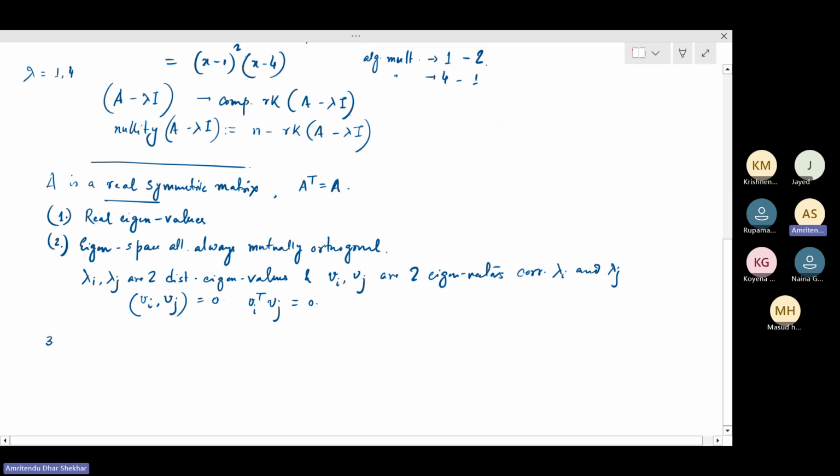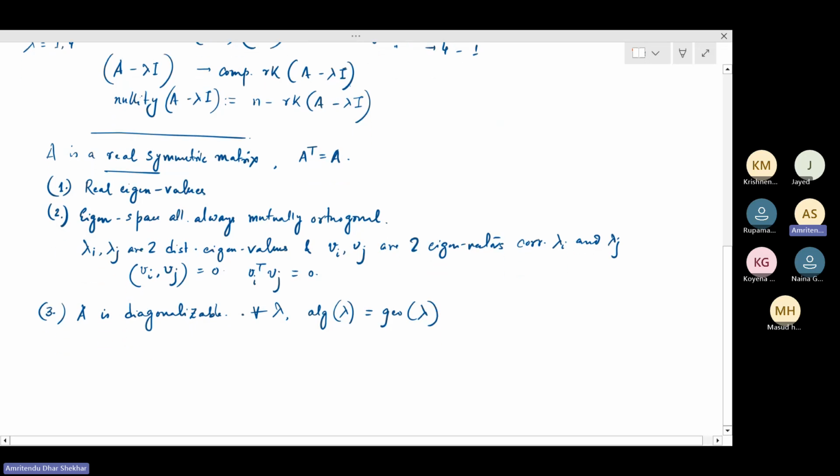And the third point to remember is that A is diagonalizable, which is just equivalent to saying that for each eigenvalue lambda, the algebraic multiplicity of lambda is equal to the geometric multiplicity of lambda. And so A is diagonalizable.